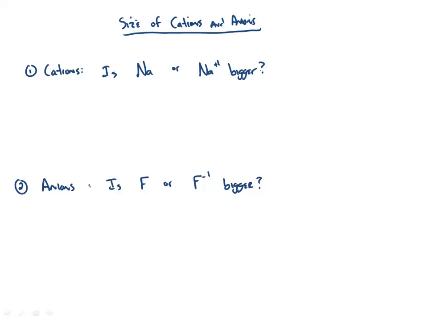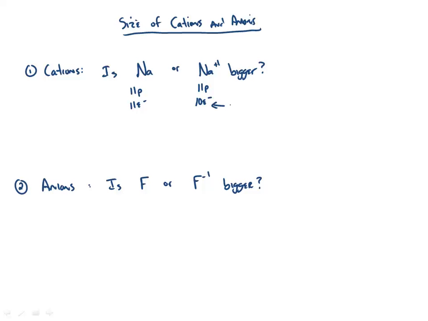Cations or anions are bigger. So a cation is bigger than a normal element. That makes sense, right? Sodium has 11 protons and 11 electrons. Sodium plus 1 has 11 protons and 10 electrons.